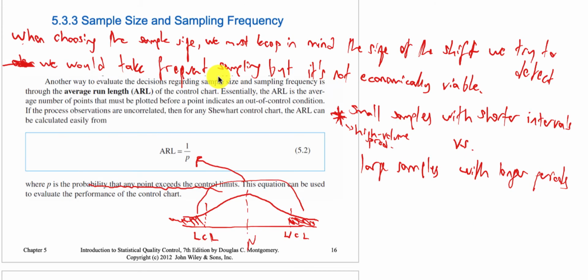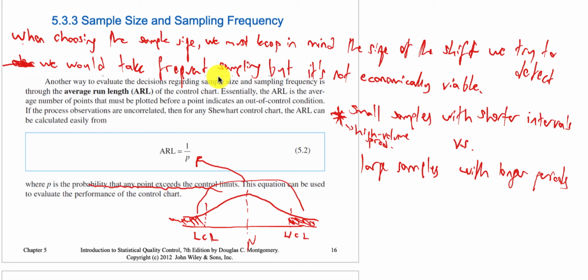Okay, about the sample size and sampling frequency. When we choose the sample size, we must keep in mind the size of the shift we try to detect. So the sample size affects the size of the shifts we are trying to detect here. We could take frequent sampling, but it is not economically viable. It makes some costs for us, and it can be detrimental for us. So we are just gonna take some samples.